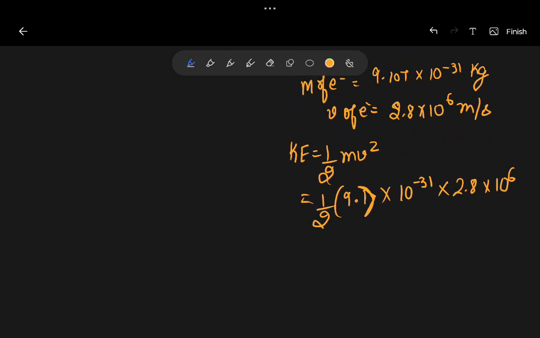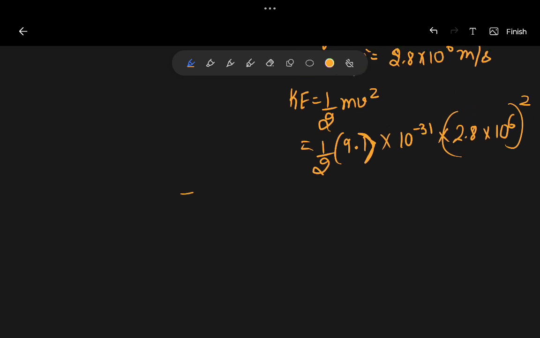Now here we'll be doing the square of the velocity. Do not forget this. Let's solve it. So it will be half into 9.1, 10 to the power -31 into 2.8 squared. Let's remove this decimal and write it like this.